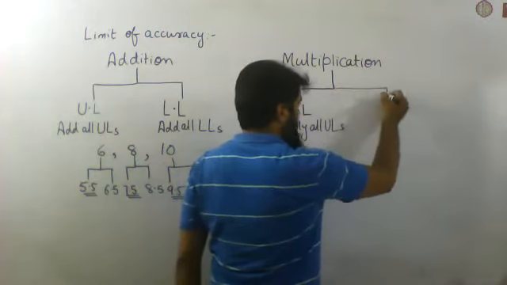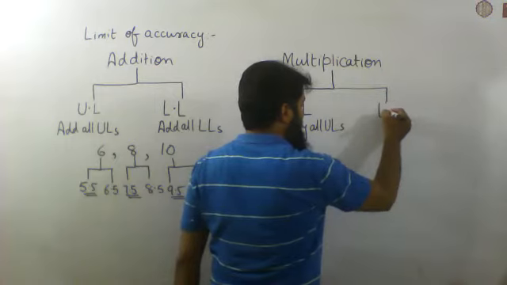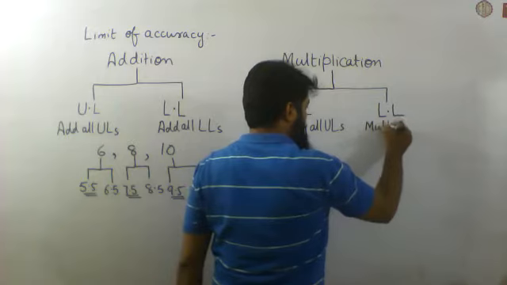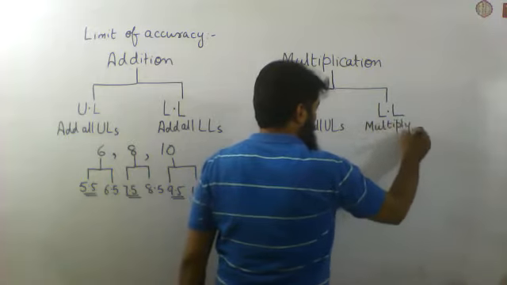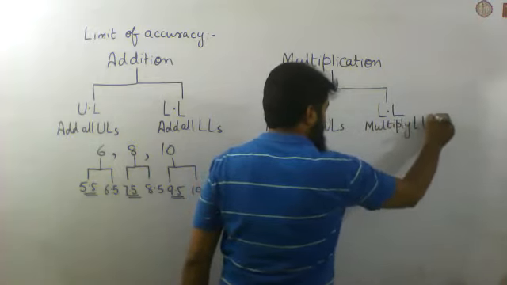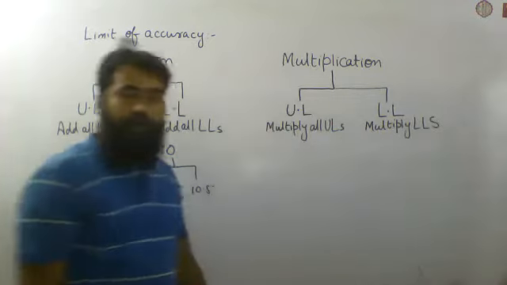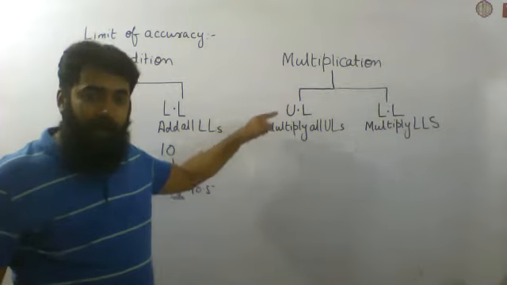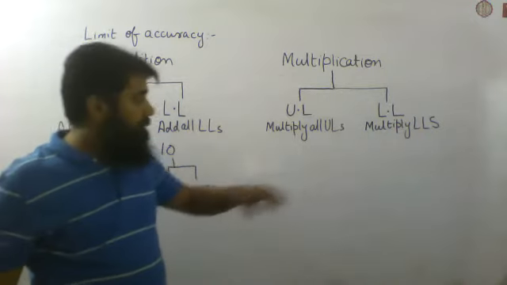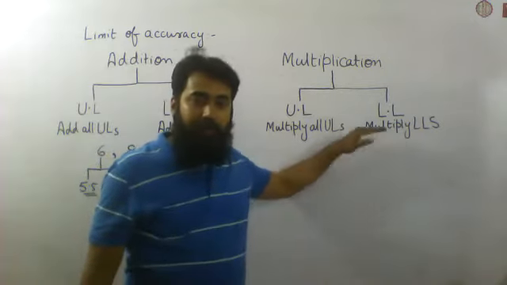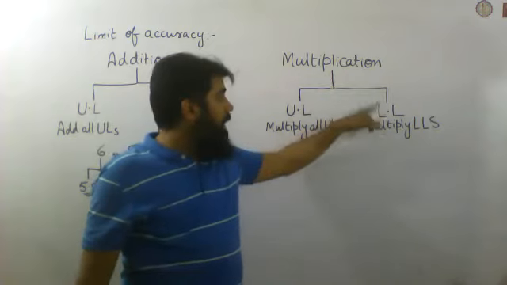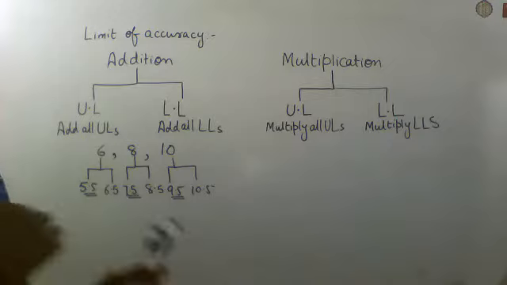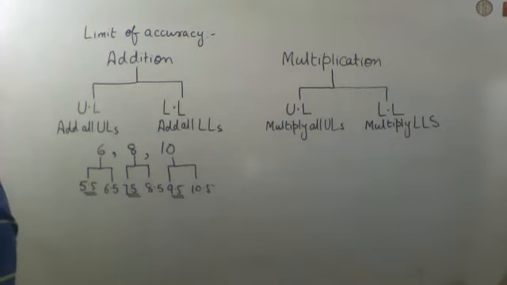And if you want to find the lower limit, then multiply all lower limits. Okay? So by multiplying all upper limits, you will get the upper limit of multiplication. By multiplying all the lower limits, you will get the lower limit of multiplication. That is your addition and multiplication. It works like this.